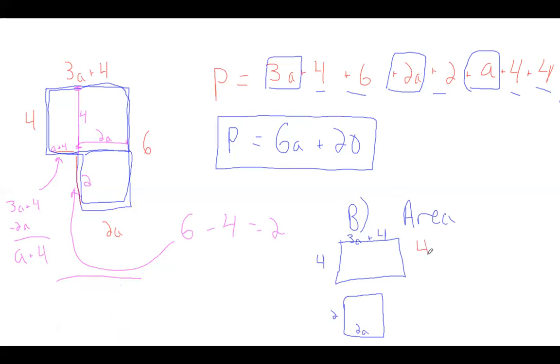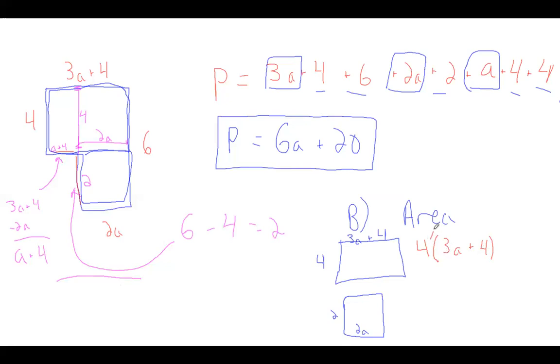4, this is hard, times 3a plus 4, times the whole thing. So what we have to do is use parentheses like this: 4 times the whole quantity of 3a plus 4. And so this is called distributive property. That's why I made this a challenge question, because it has a lot of things we haven't talked about.